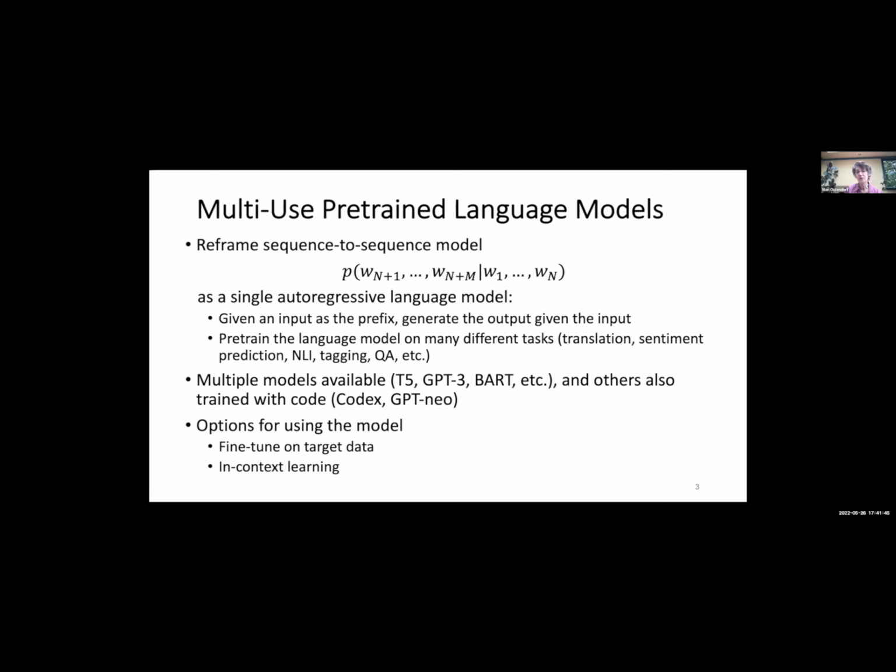They're great because then you don't need as much in-domain training data, which for dialogue is hard to get. So one way you can do it is use the small amount of data you have in fine tuning with the pre-trained language models. But another thing you can do is what's known as in-context learning. So you don't do any more training, you just provide some examples in the prefix. And I'll get to that in some of my examples.